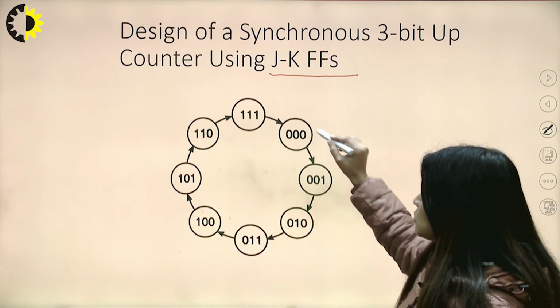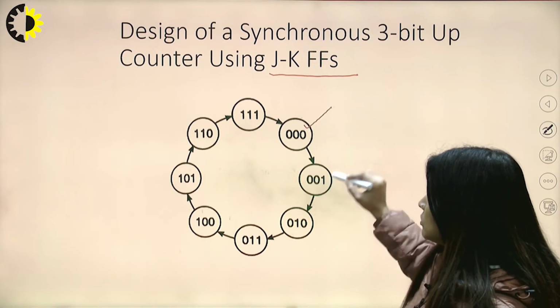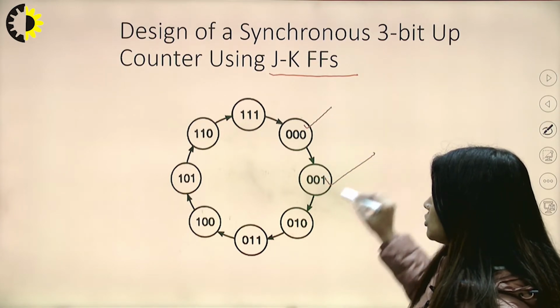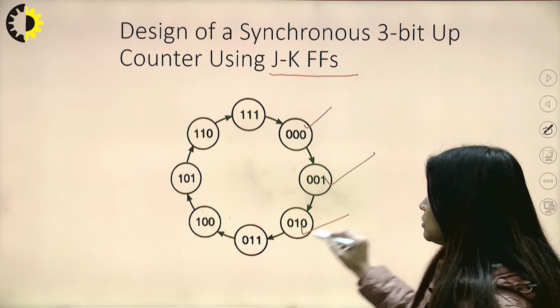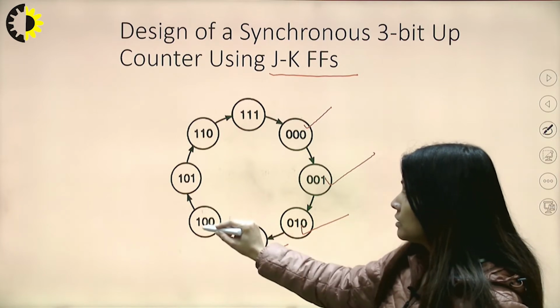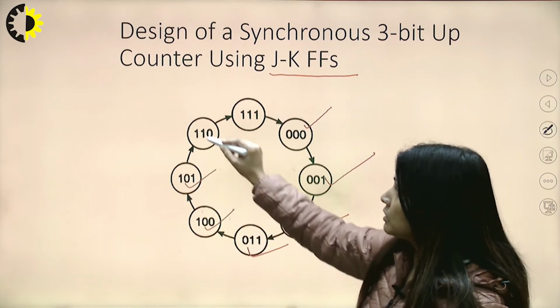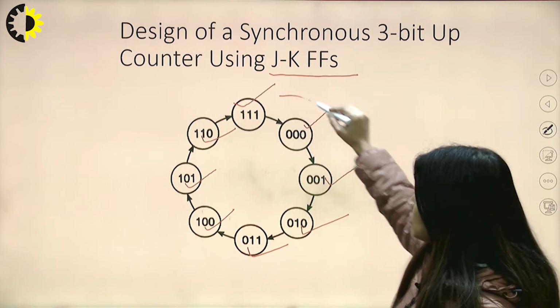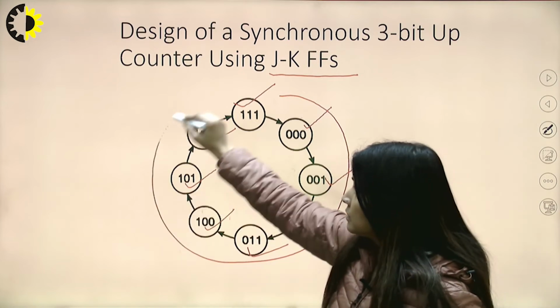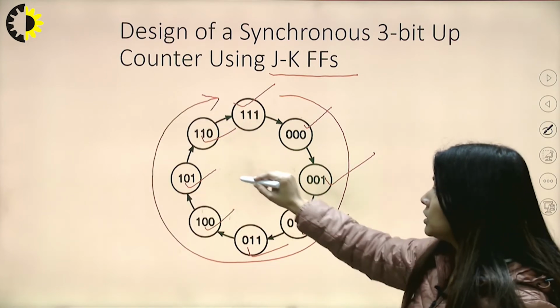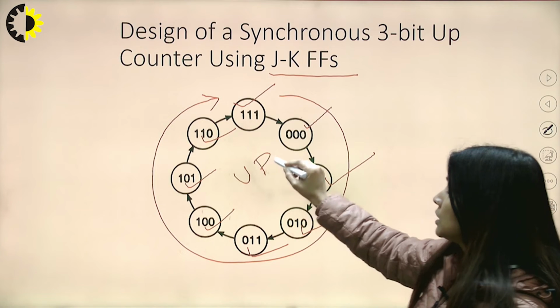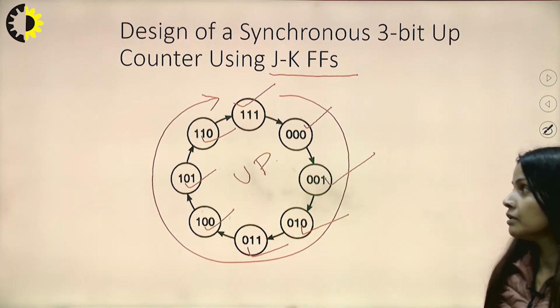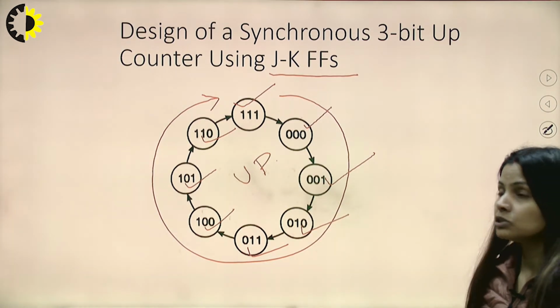First counting is 000, then it goes to 001, 010, 011, 100, 101, 110, and then 111. So it should count this way. It is up counting, and we need to design the up counter using JK flip flop.